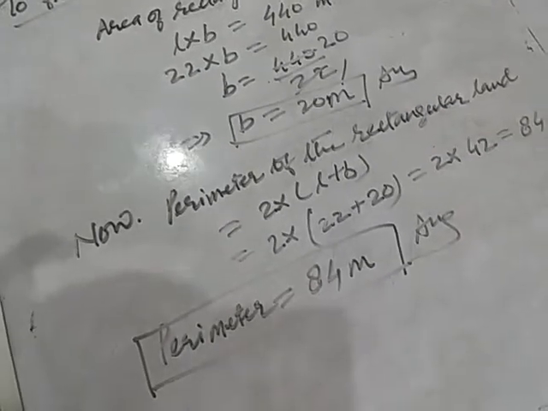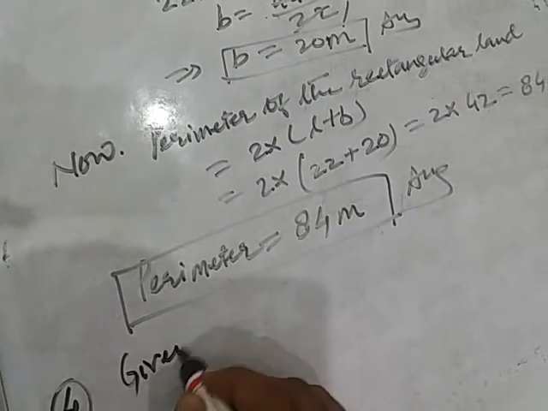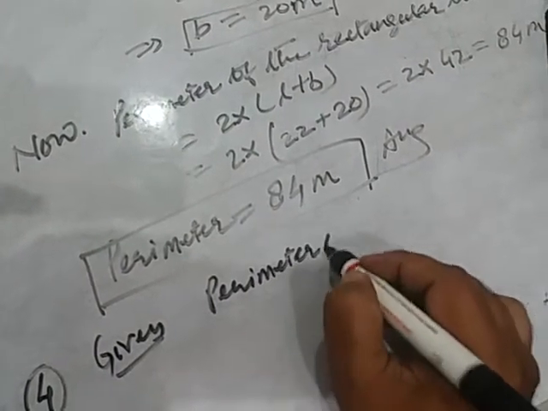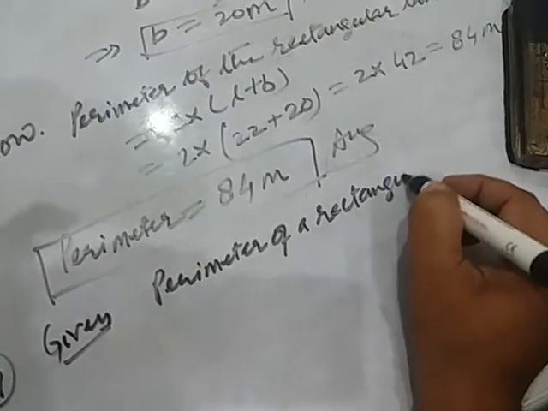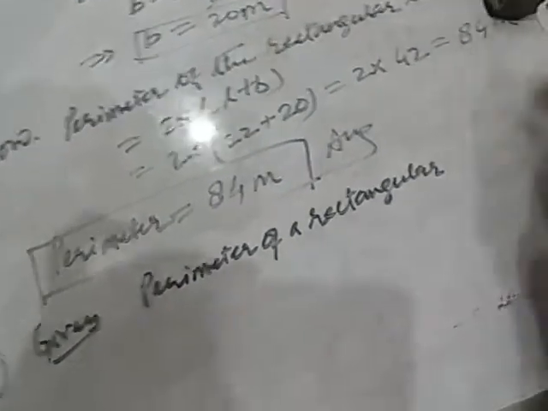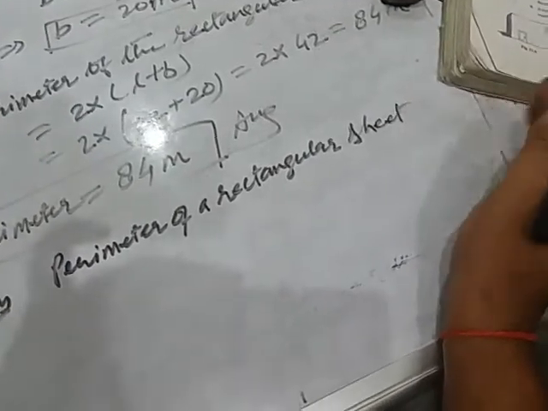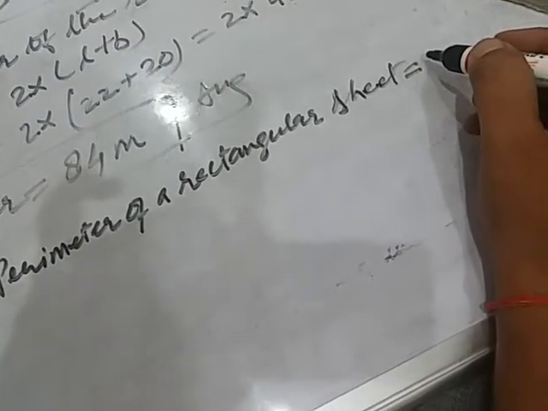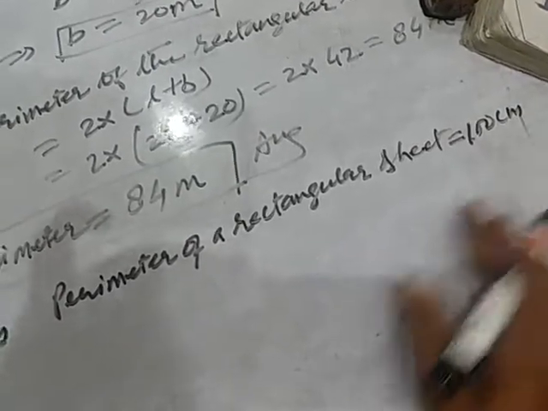Question number 4 states that the perimeter of a rectangular sheet is, what is given? The perimeter of a rectangular sheet is 100 centimeter.